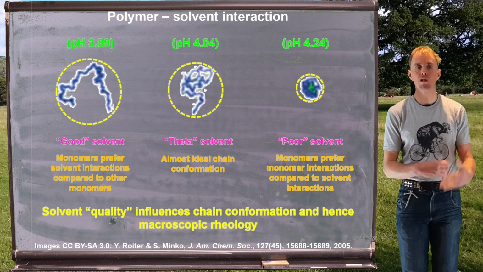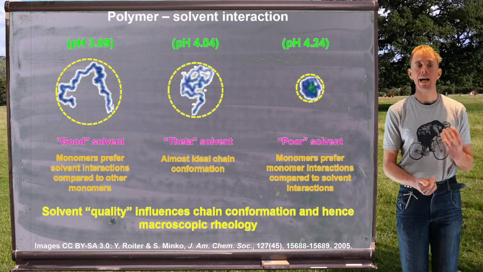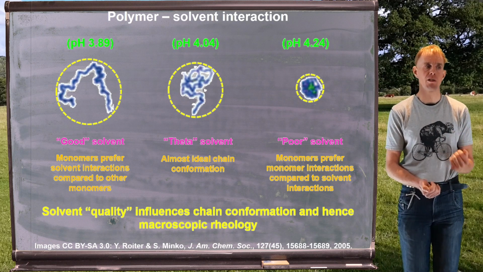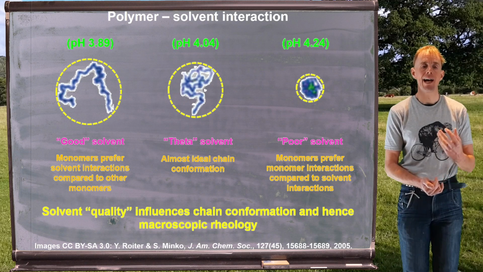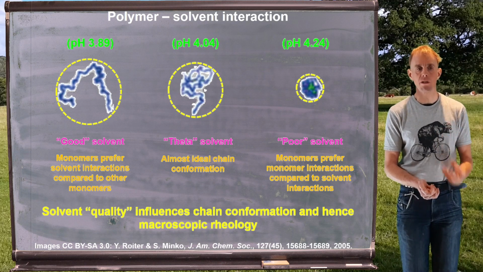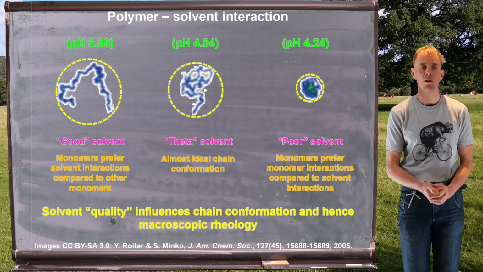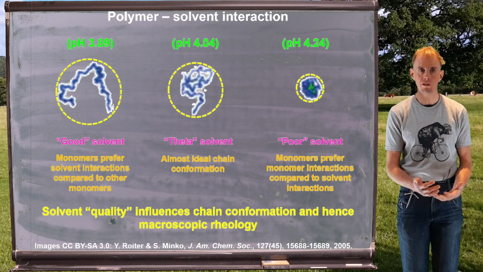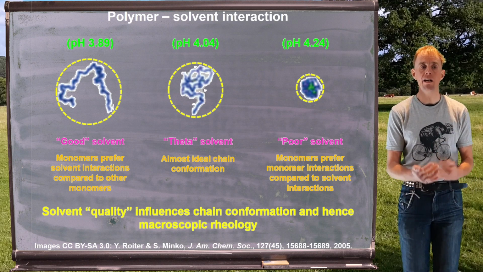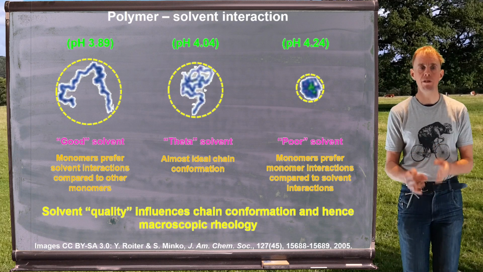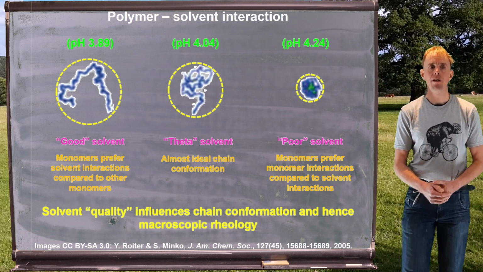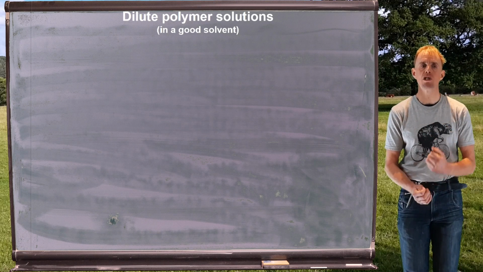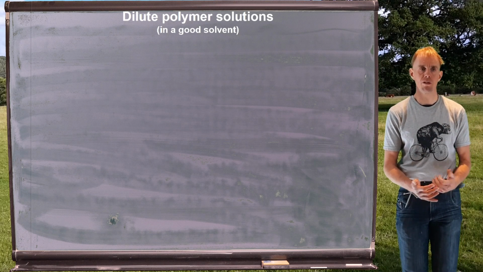We've got this measure of what we call solvent quality, and that solvent quality strongly influences the polymer chain conformation, and that polymer chain conformation strongly influences the macroscopic rheology of the solution. So we need to be aware of different types of solvent, and we need to be aware of different solutions with different concentrations. So let's have a look now at concentration dependence on polymer solutions.